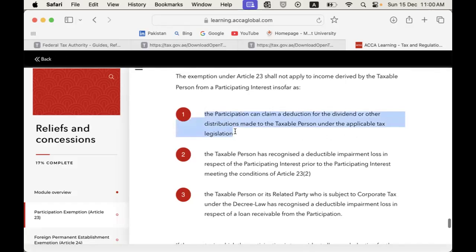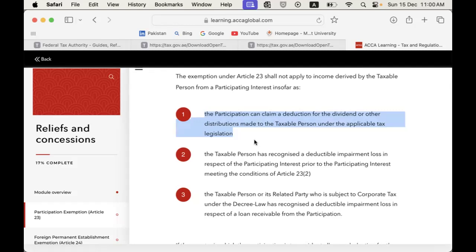Why is this sentence coming in? Can somebody explain this? If a participation, that foreign company, can claim a deduction for whatever amount they have sent to the UAE taxable person, then this participation exemption will not be available to this UAE person. Why is it that they are saying that? Can somebody explain this to me?